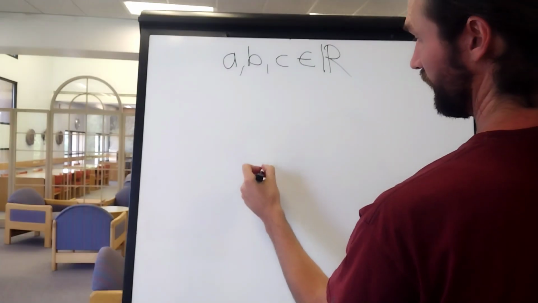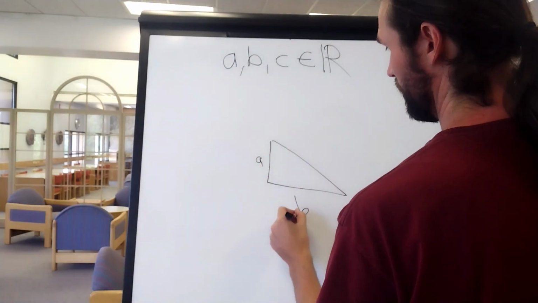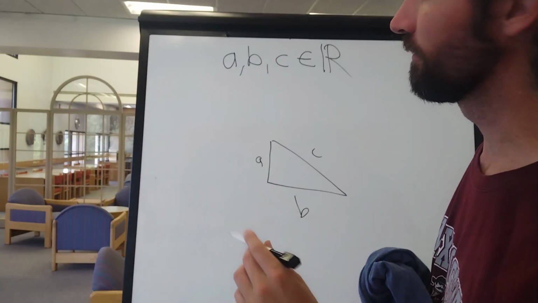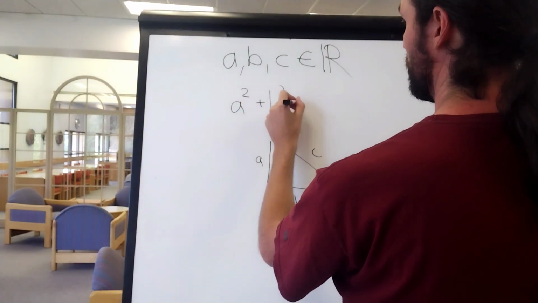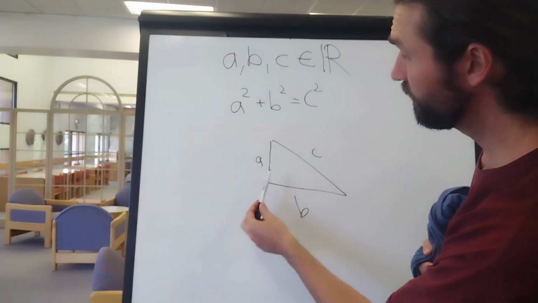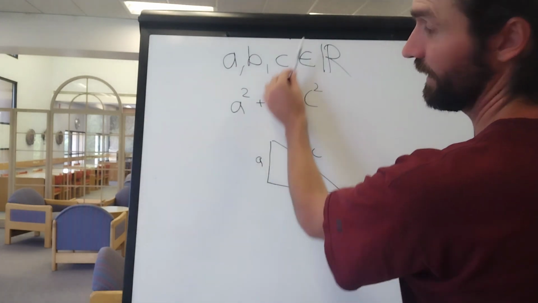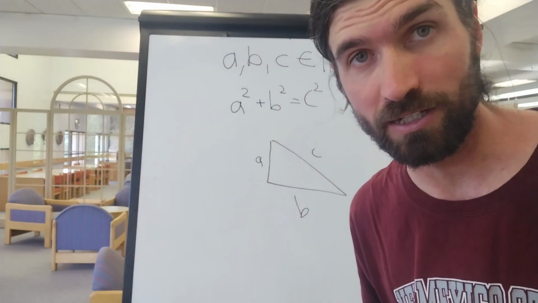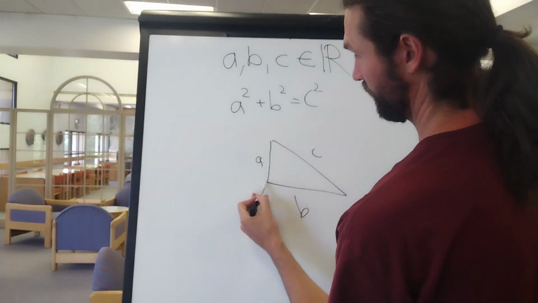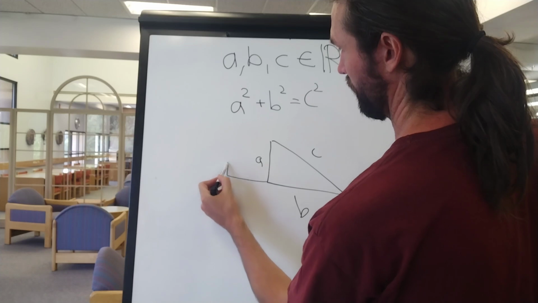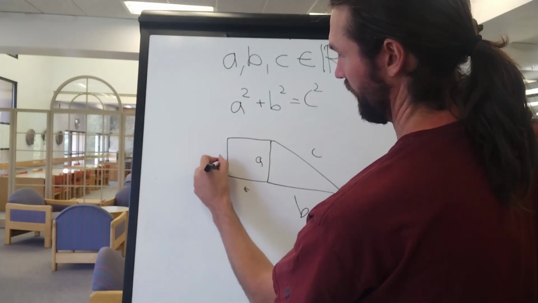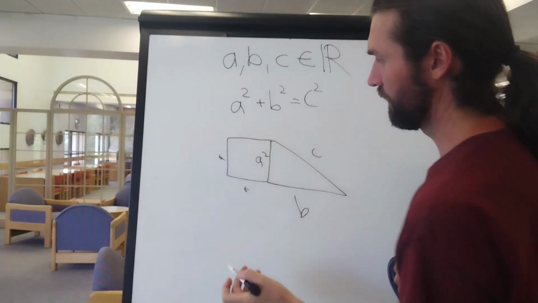Okay, so in a right triangle, the theorem says that a squared plus b squared equals c squared. So looking at this, it's hard to imagine a squared as a line. It's actually impossible to imagine as a line, but a can be squared like this. So now we have a, and this becomes a squared.